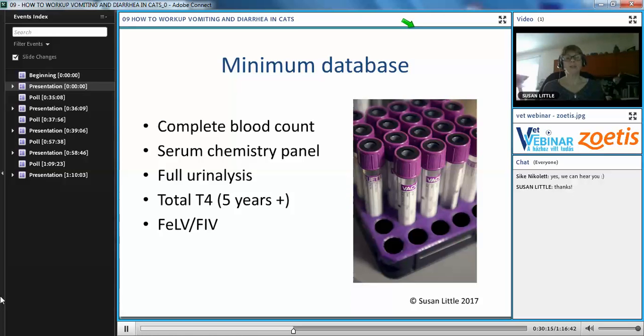So as you can imagine, the serum chemistry panel might give us evidence of things that cause chronic GI signs, like, we might find a patient has chronic kidney disease, and that's why we've got chronic vomiting, or that total T4 might help us. The blood count helps us. Younger patients might have blood loss anemia from parasites. If we've got bacterial infections like Salmonella or Campylobacter, we might have neutrophilia.